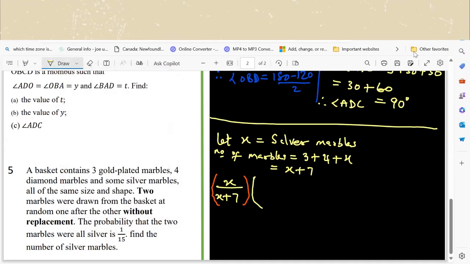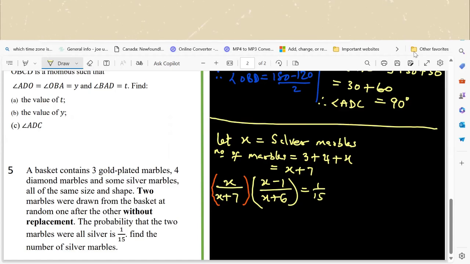So drawing the second silver now, we reduce the number of silver by 1, and the total will drop. S plus 7 minus 1, that is S plus 6. And we are told that this is 1/15. All right. So this is what we are going to get.